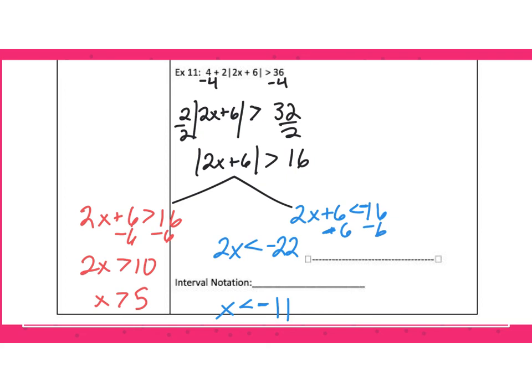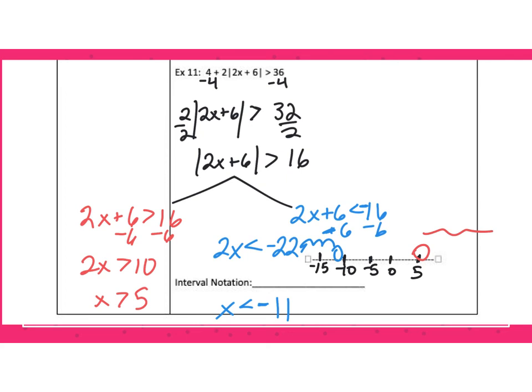So we need to go from a negative 11 to a 5. Go by intervals of 5, how about, so we don't have to graph quite as much. Open circle on 5. Open circle on negative 11, which is going to be right about here. X is greater than 5. It's less than negative 11.